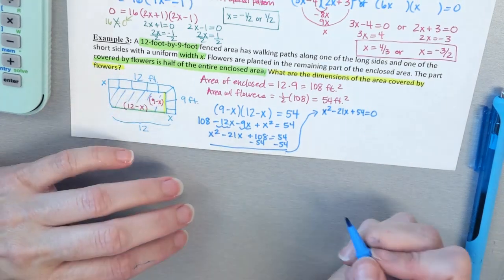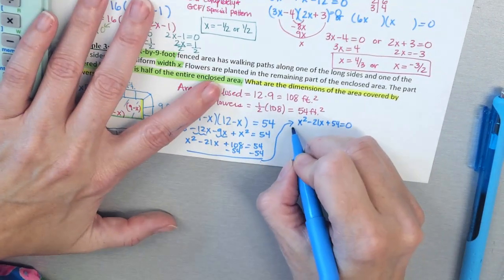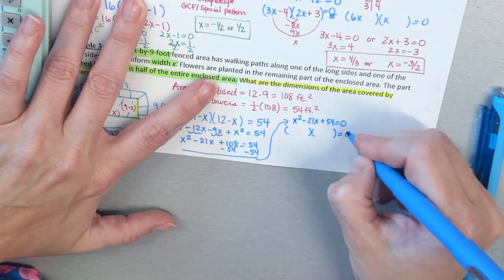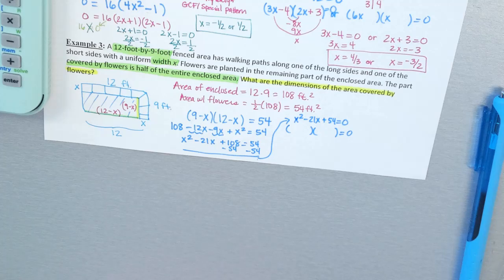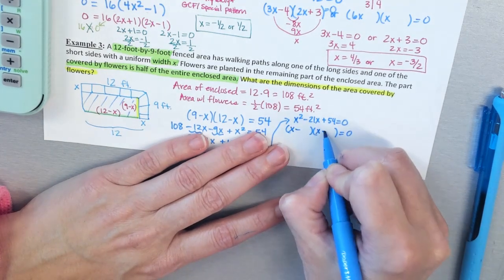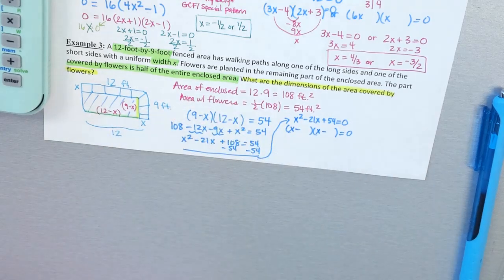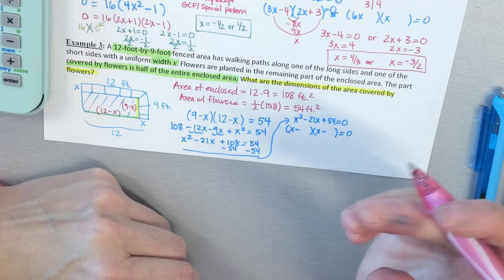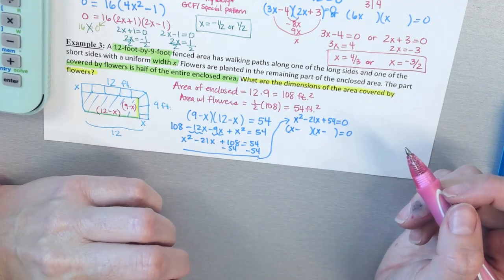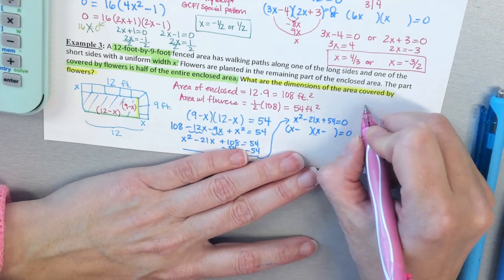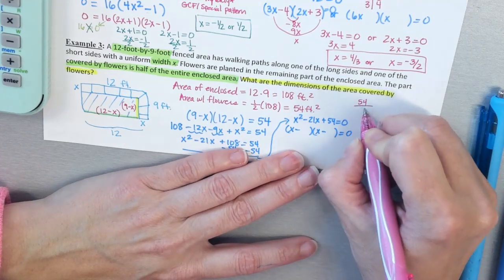Okay, so we just have to figure out what two numbers multiply to 54, but then add to negative 21. So we know that both of the signs have to be negative. Multiplies to a positive, adds to a negative. And our favorite factors of 54 are probably 9 times 6. That's not going to make negative 21 though. So this might be a T-chart situation, right?